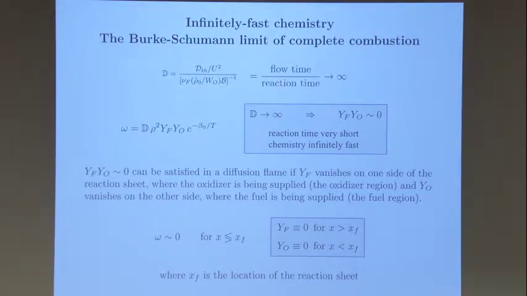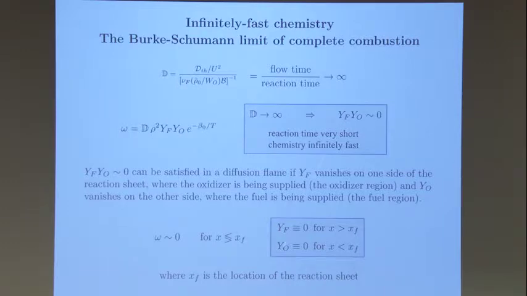The Damköhler number is the flow time divided by the reaction time, and if you take the limit that D goes to infinity, it implies that the product YF YO must go to 0 for the reaction to be finite somewhere. So this product equal to 0 is possible only in a diffusion flame. Clearly, it's not possible in a premixed flame, because if it's 0, then you have nothing, right?